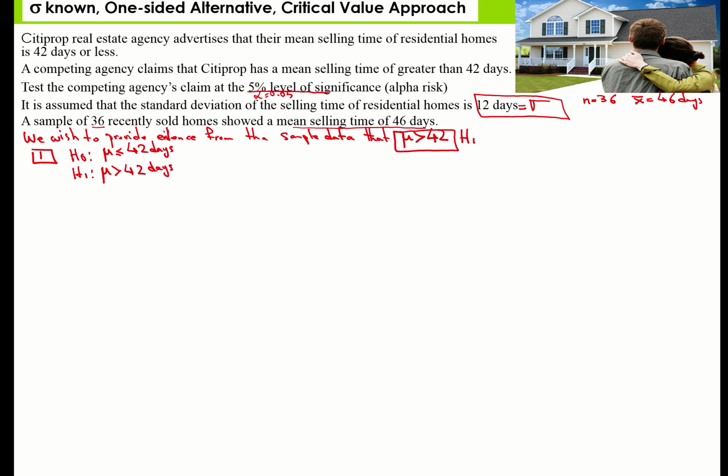Now we have to see whether we have a one-tail or two-tail test. In order to check that, we have a look at this inequality, mu greater than 42. And this tells us that the rejection area in this question is the upper tail.